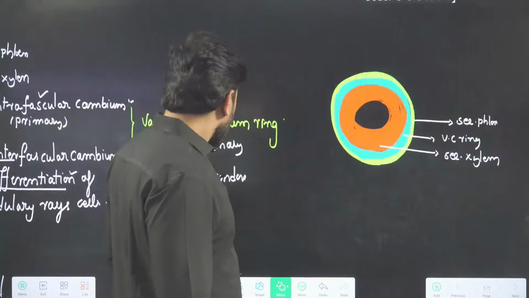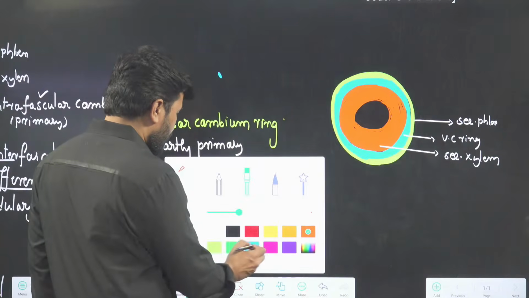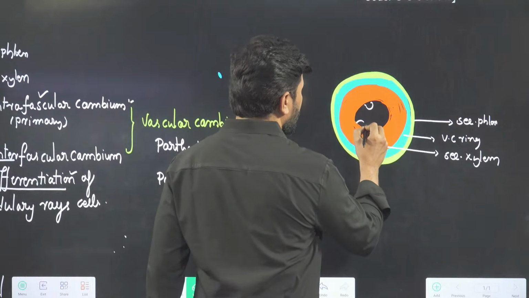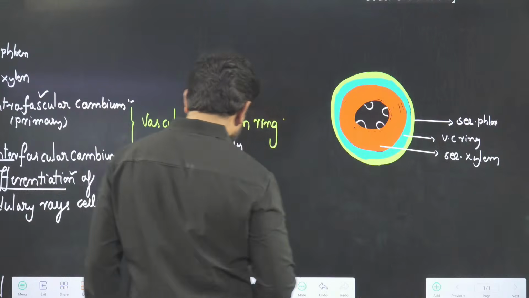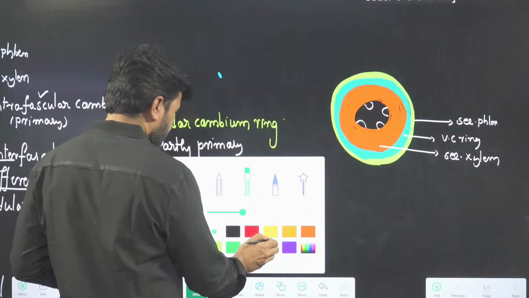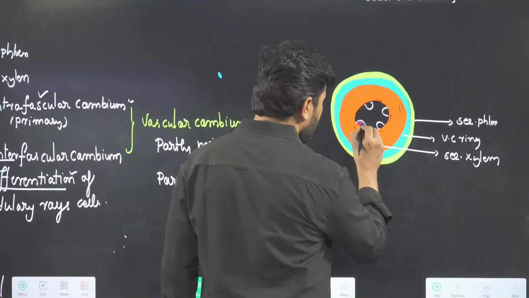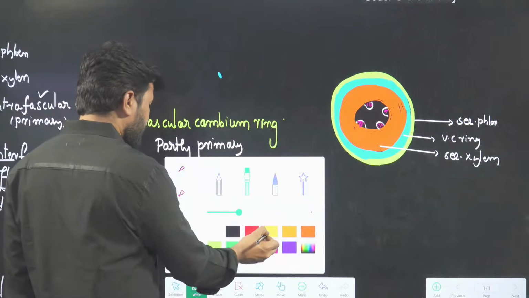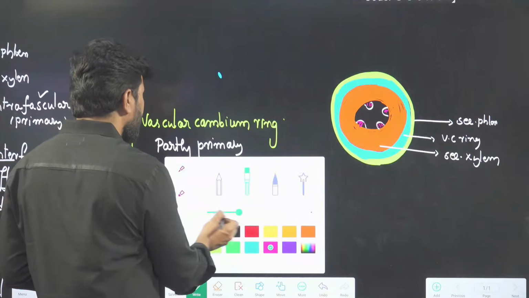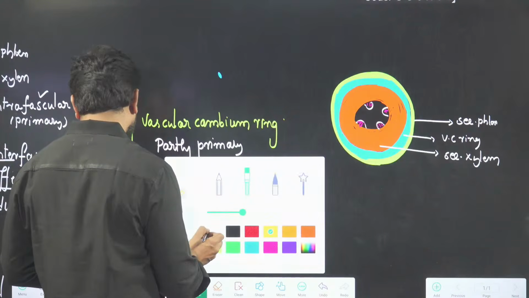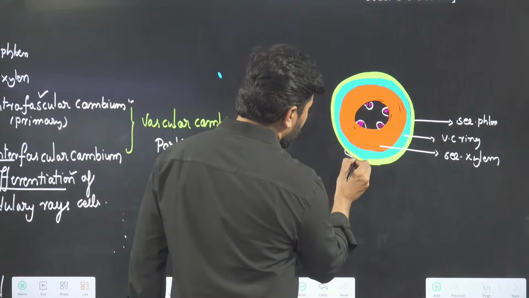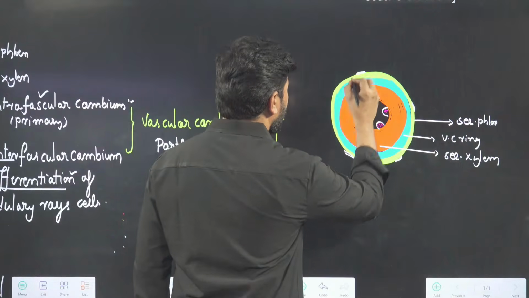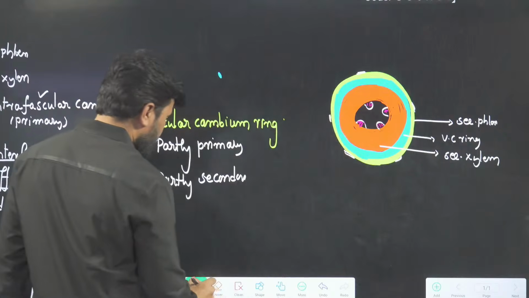See, after a few years of secondary growth, this is primary xylem, more or less intact. Even though it has been crushed inward, the primary xylem is more or less intact, but primary phloem disappears. Primary phloem will gradually get crushed away and disappear.